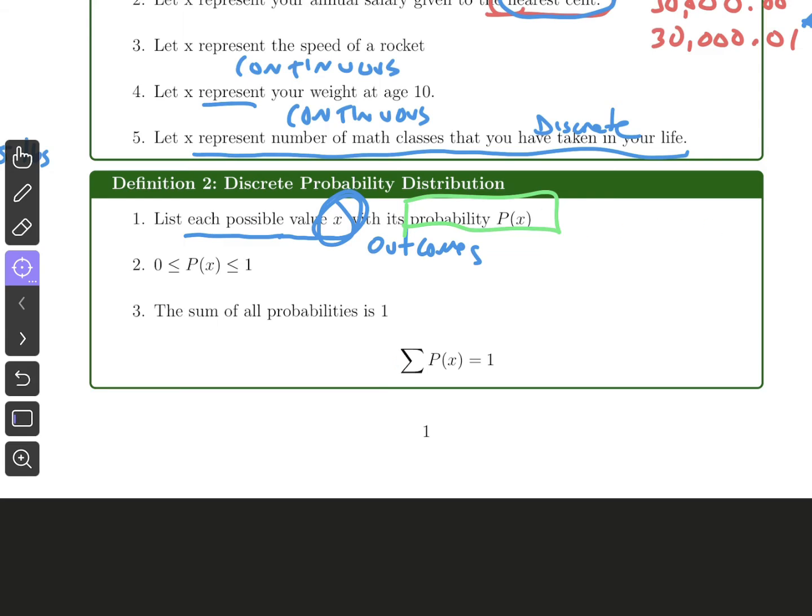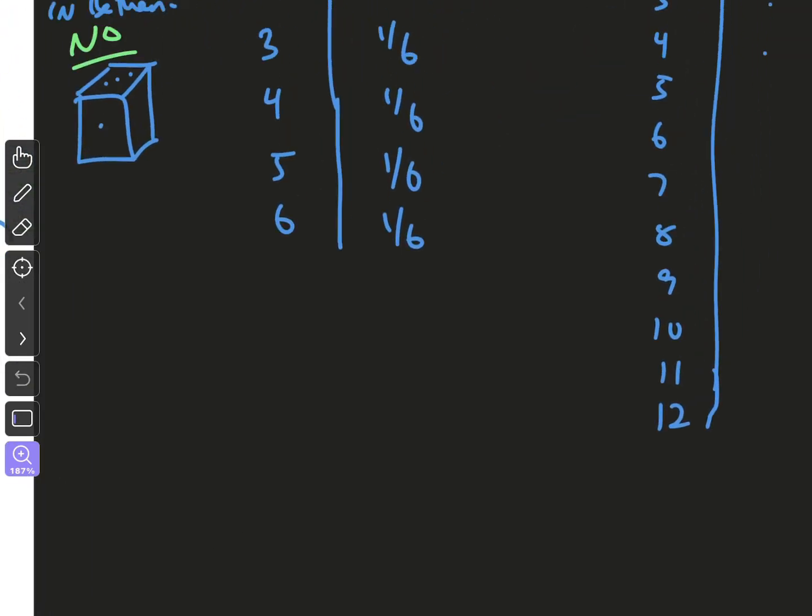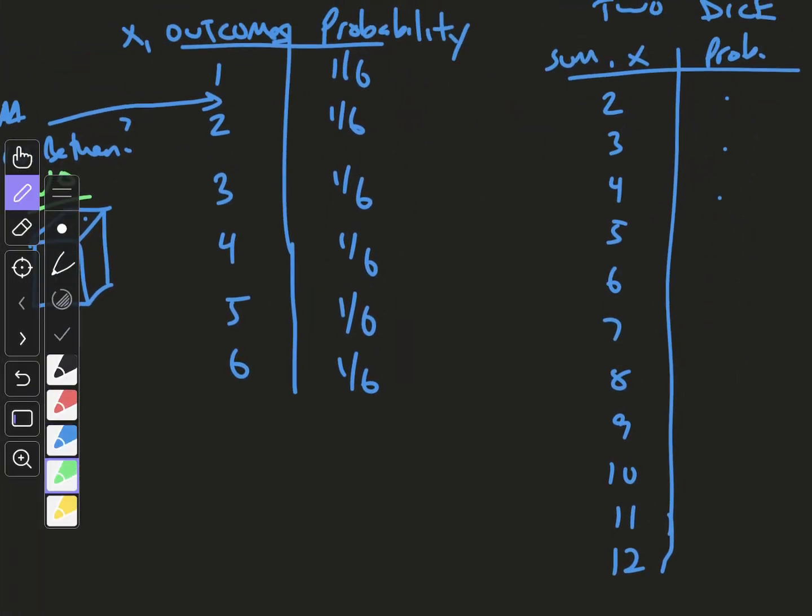So if I go over to this table again, and I add up all of these probabilities right here, you are going to equal 1. And that has to happen for a probability distribution. Because if it doesn't add up to 1, it means you're missing something, right? If you add up to 100%, it means you have accounted for all of the outcomes.